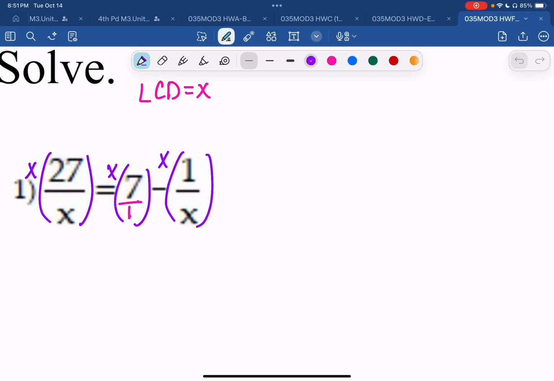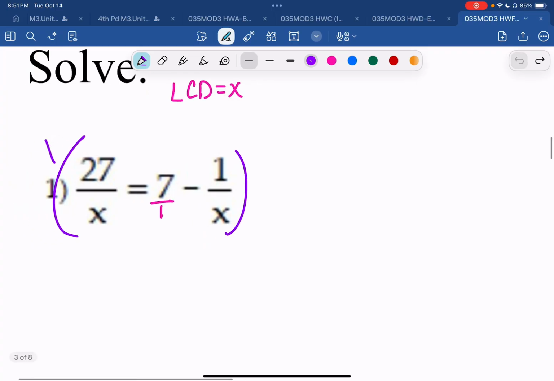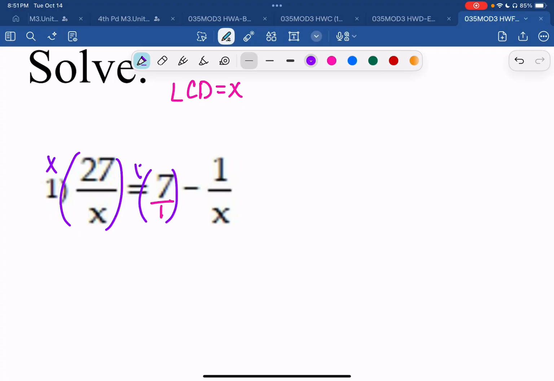Okay? And I like to write it the way that I just did. You may see people that just say, okay, we're going to multiply everything by x. But I find that if you write it with every single piece, it's easier for you to keep track of what you have canceled and simplified as you go through.